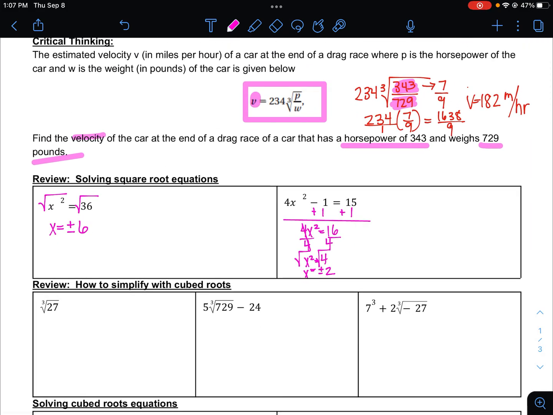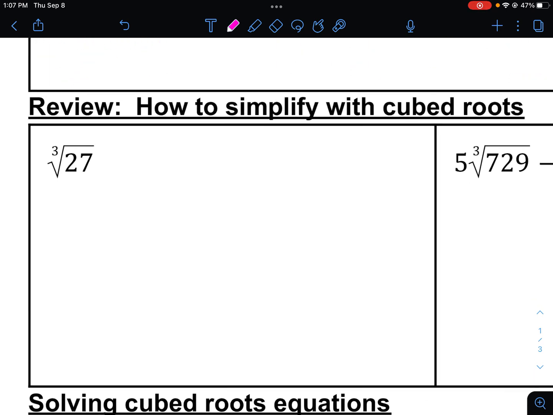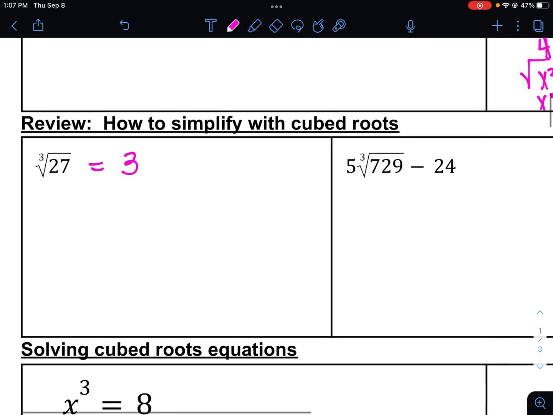And then reviewing cube roots, because obviously that's going to play into today's lesson. The cubed root of 27, so you're thinking what times itself 3 times equals 27, and that is 3. And then the cubed root of 729 is going to come first here. We're going to put that in parentheses, minus 24. So you have 45 minus 24 to get your answer of 21.